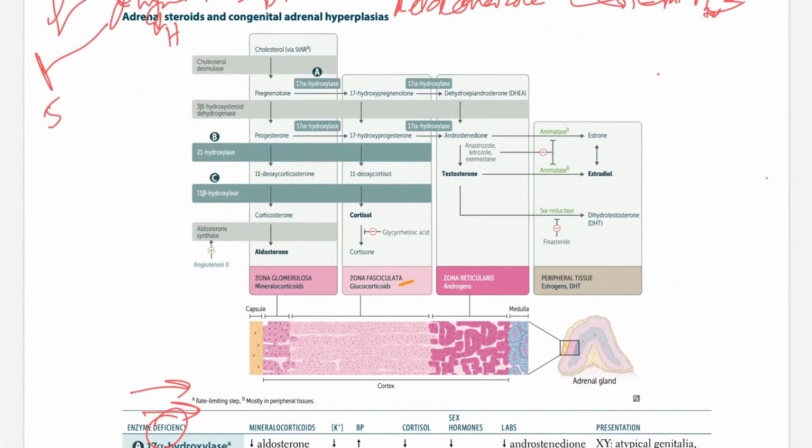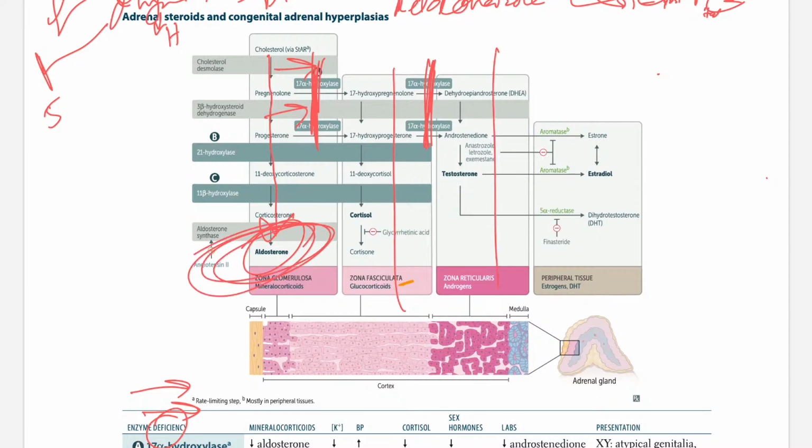Makes sense. You don't have 17 alpha hydroxylase. When you don't have it, everything is just going into formation of aldosterone. Because you can't go right, you have no fasciculata or reticularis hormones. All you have is a lot of aldosterone. Everything will back up into formation of aldosterone.